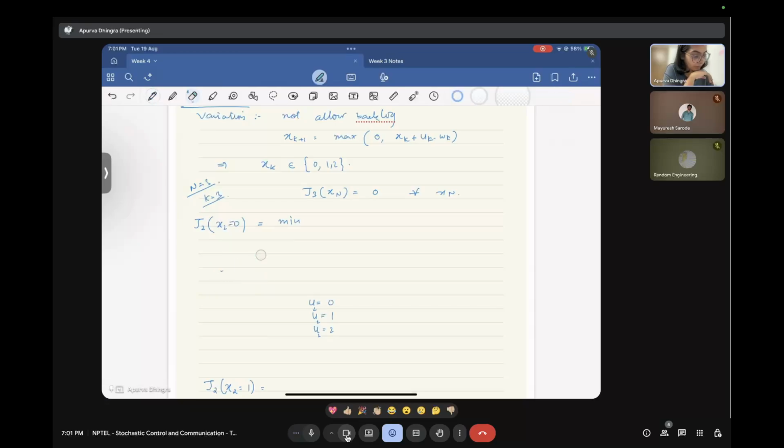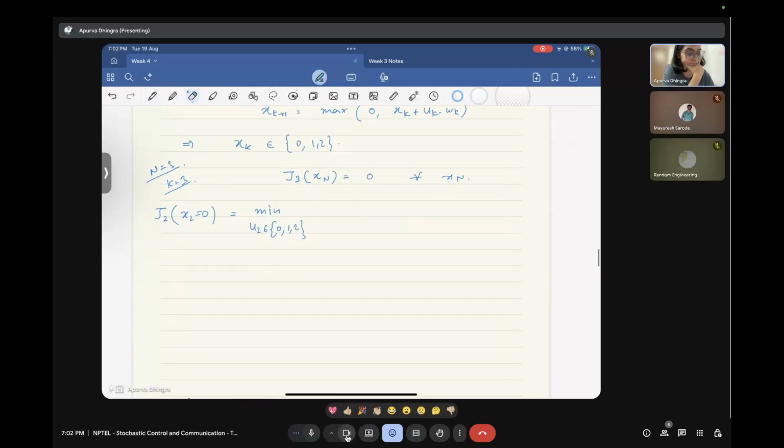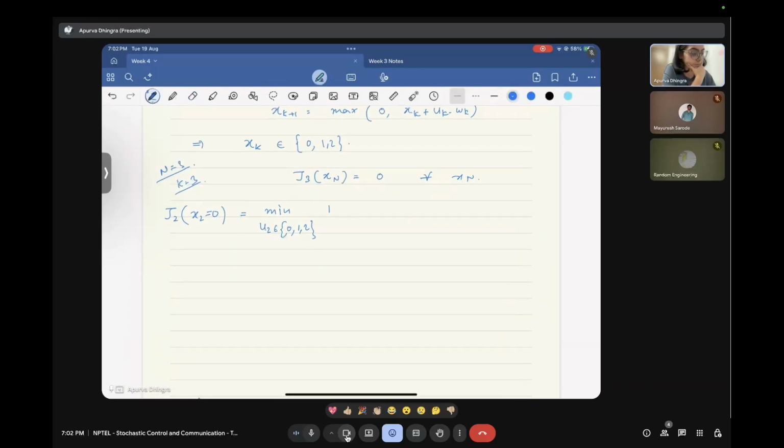And we know x will take values 0, 1 and 2, which means u2 can take values 0, 1 and 2. Now we're supposed to take the expectation over W. This is W2.